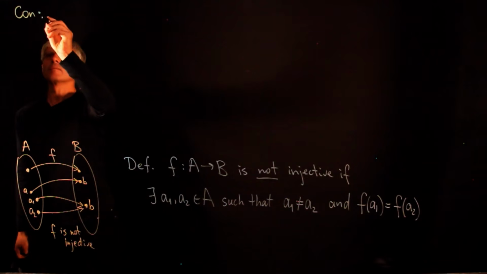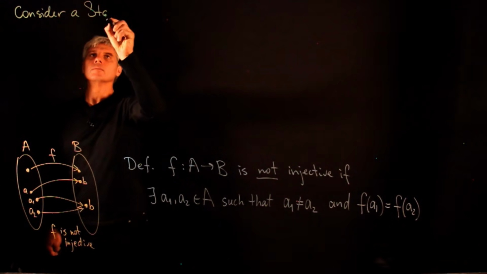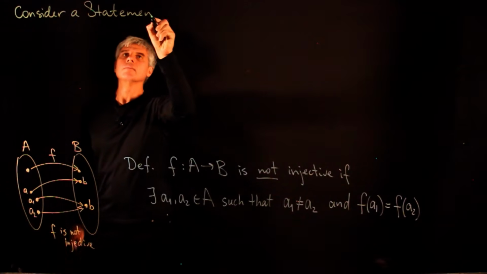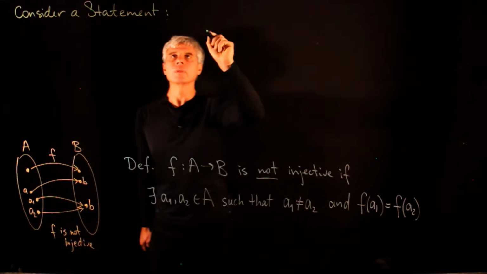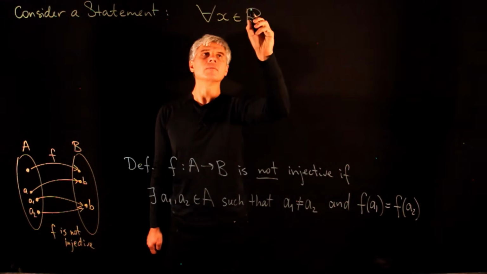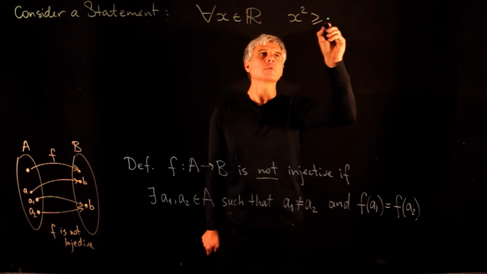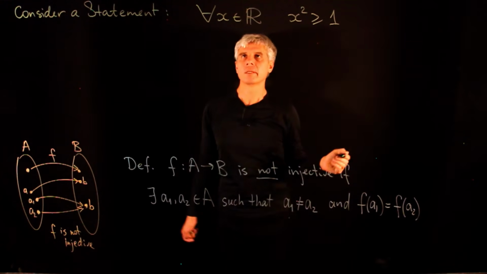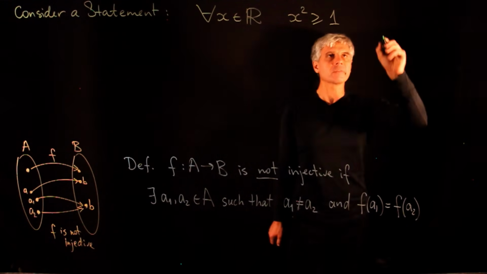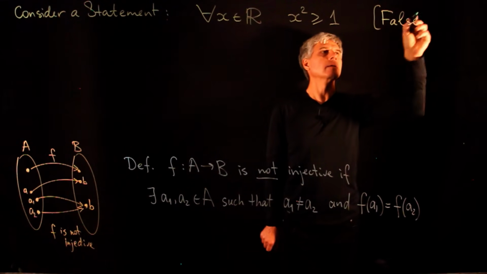So consider a statement: for all x in R, x squared is greater or equal to 1. Now, clearly this statement is false, right?